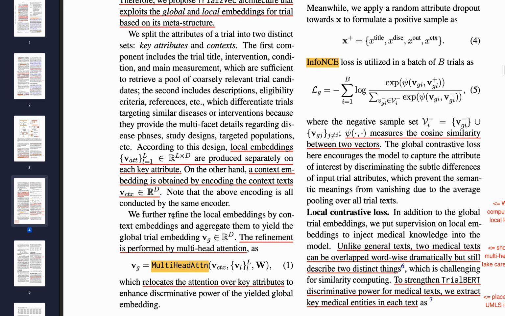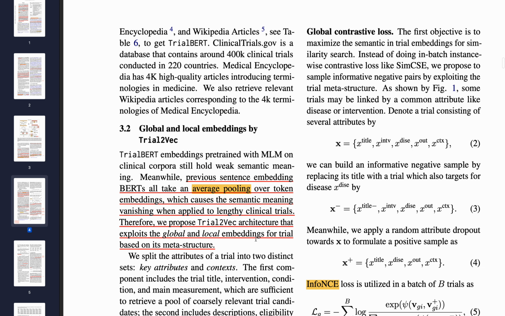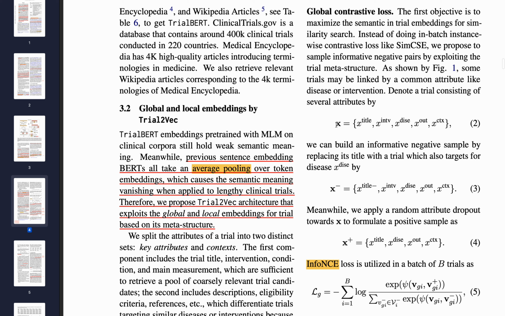The next section, which is 3.3, talks about how we want to create these samples, negative and positive samples, at global level and local level, so it can be used as part of contrastive learning. So this is a given data point, a given trial.